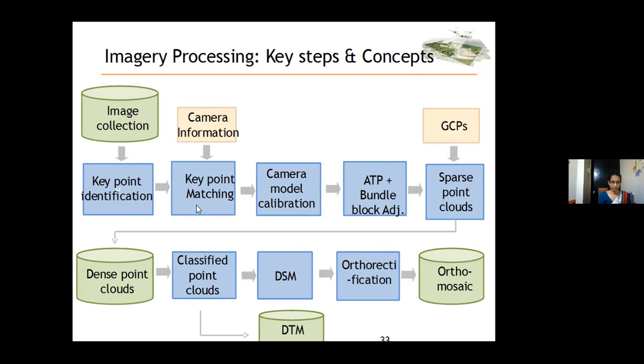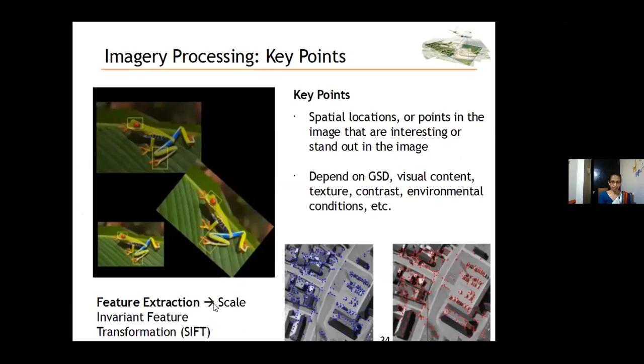The next step is the block adjustment, a photogrammetric processing step including camera model calibration and aerial triangulation with a bundle block adjustment. Then you can generate a sparse point cloud, and based on this point cloud, you can generate all the deliverables that we expect. Let's talk about these major steps in detail.